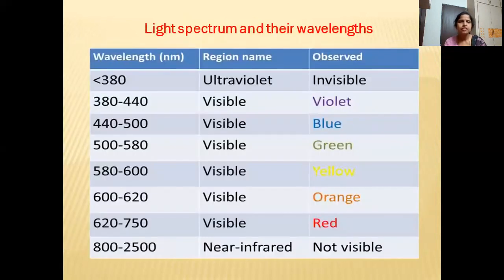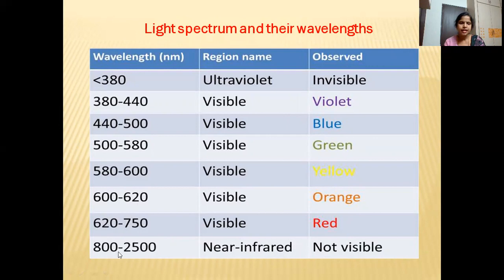This is the light spectrum and the wavelengths. When white light is passed through a prism, the light breaks up into VIBGYOR, and all these are different wavelengths. Red light has the higher wavelength, which is 620 to 750 nanometers.